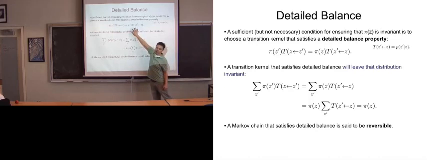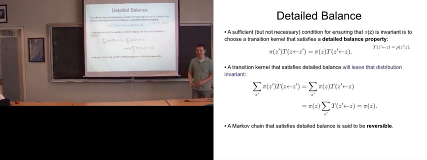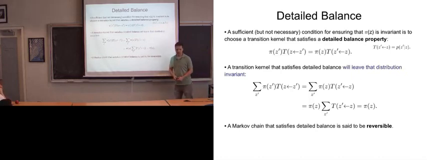One thing you can do is check detailed balance, and if it checks out, then it will leave pi invariant. There's a whole literature on non-reversible Markov chains, but reversible Markov chains are the most commonly used, at least in machine learning. A lot of standard techniques use them.